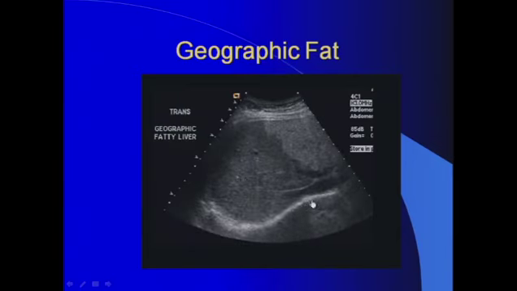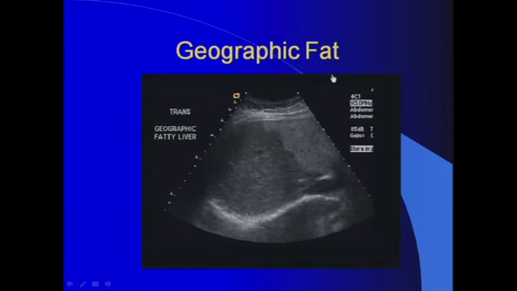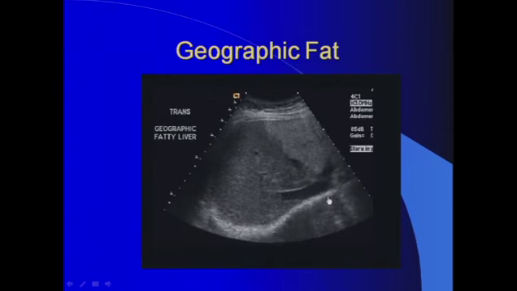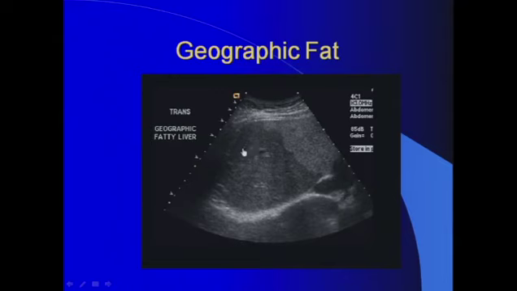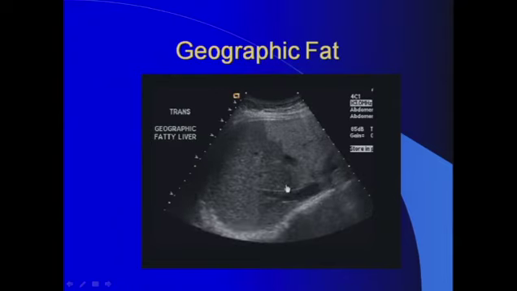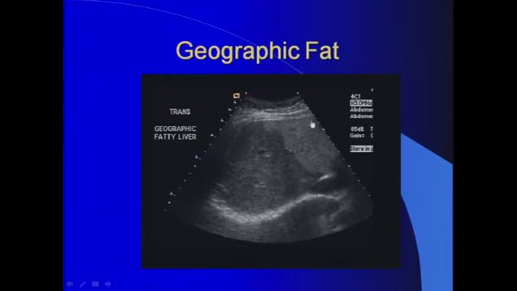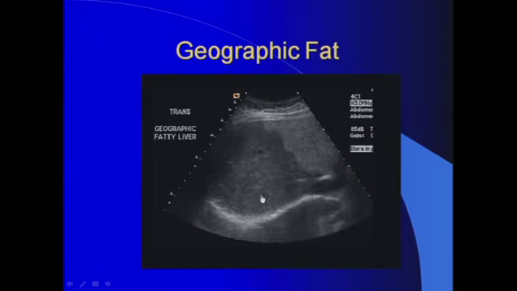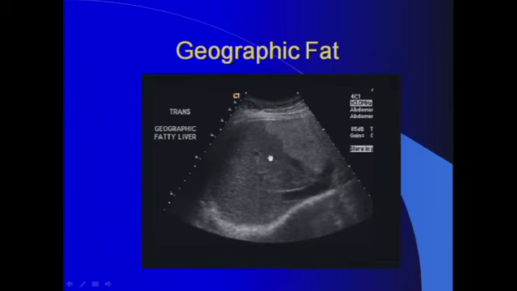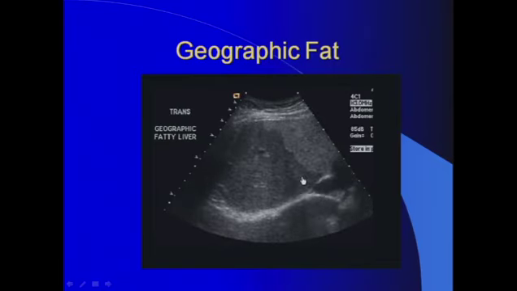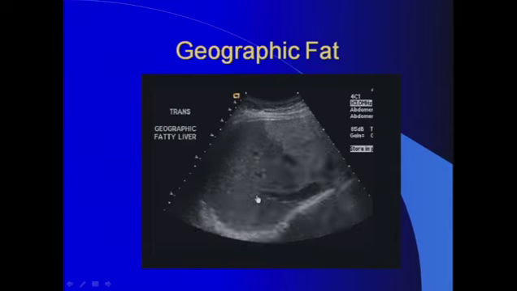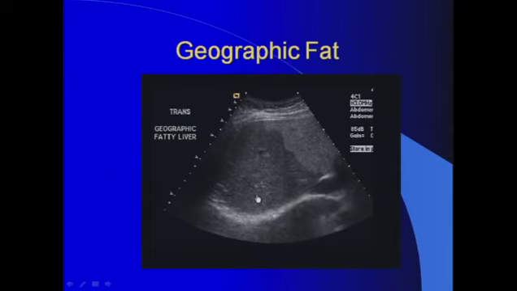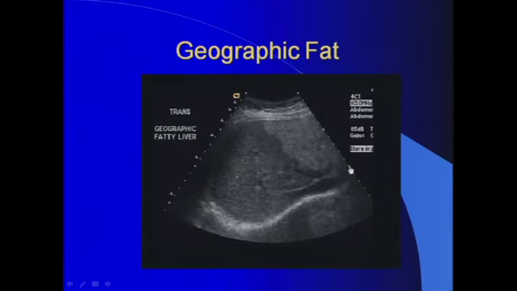This is a nice example on this clip to show you geographic fatty changes in the liver. You can appreciate the normal echogenicity of the liver on the right side and the increased echogenicity consistent with fatty infiltration. Now, you need to be aware that sometimes large infiltrative masses in the liver can have a similar appearance, including liver abscesses. But the clue again is, what do you see on these images?